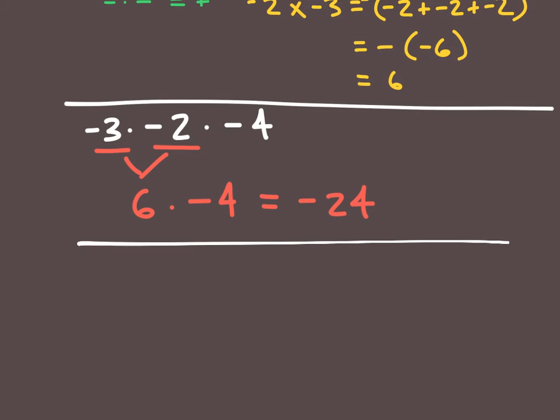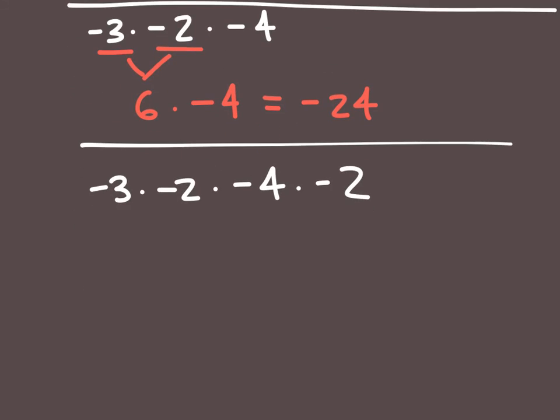One more example here. Let's say that I do negative 3 times negative 2 times negative 4 times another negative 2. So if I were to do something like this, negative 3 times negative 2 is going to give me a positive 6. And then I bring everything else down and I do times negative 4 times negative 2.